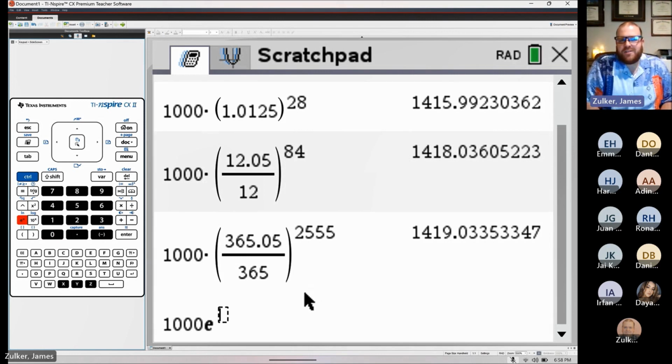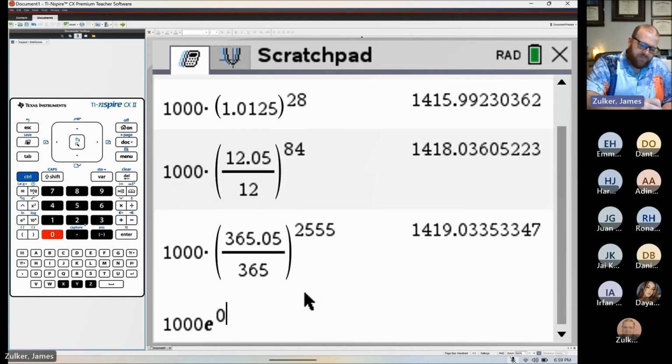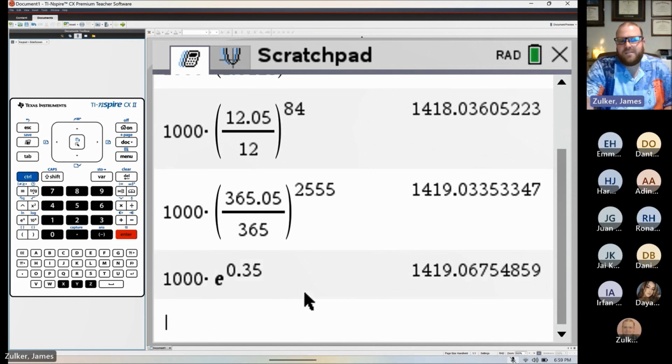It's red on the screen. And then just hit enter after that. $1,419.07.